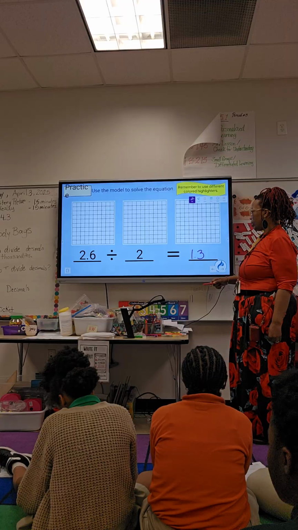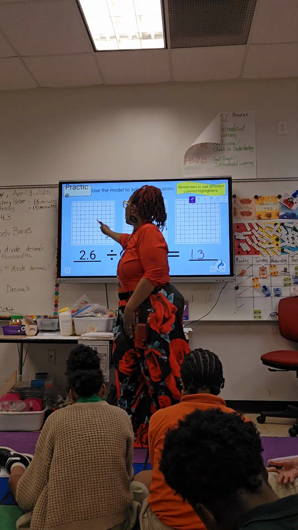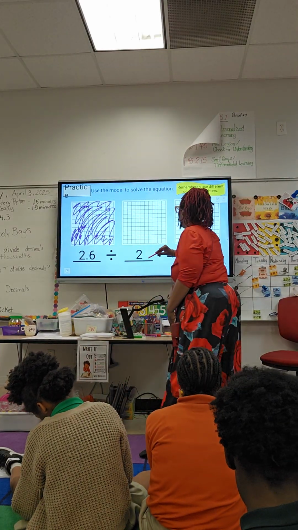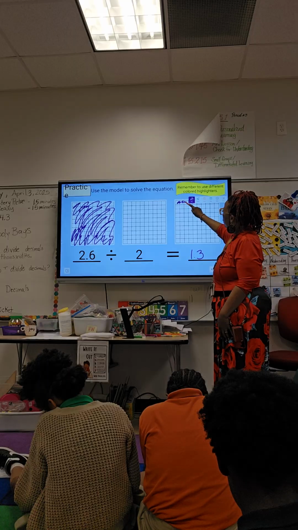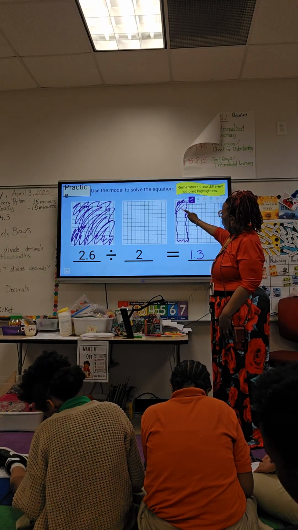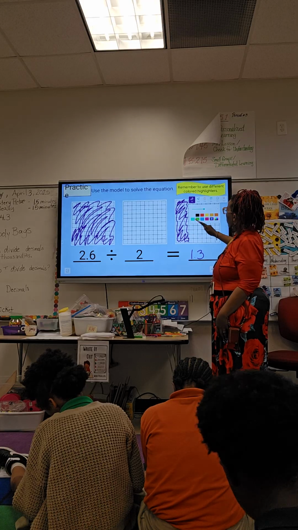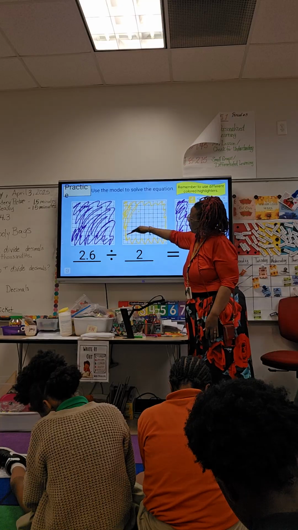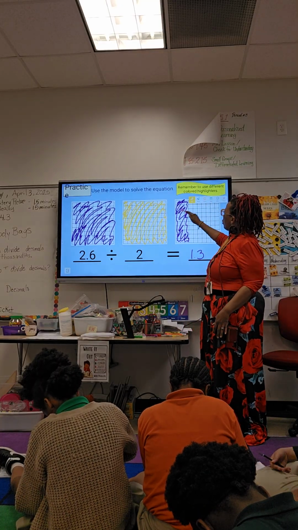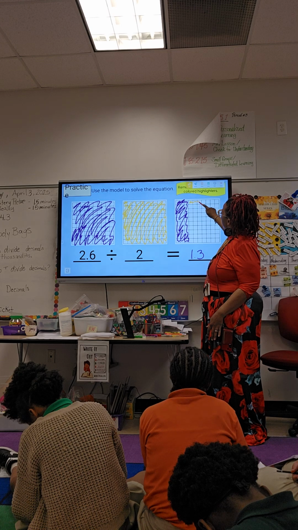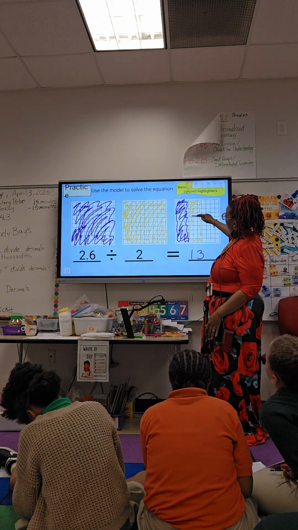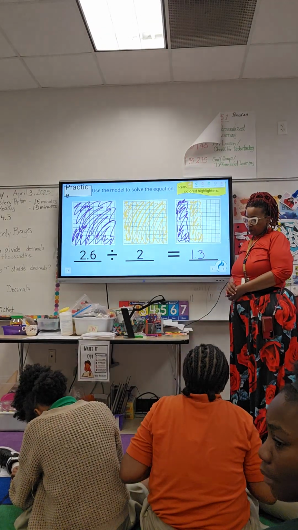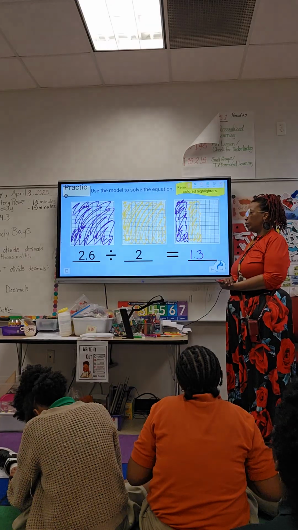So in other words, what that tells me is if I'm dividing this between 2 people, 1 and 3/10 for one person, and 1 and 3/10 for the next person. So it can be a fraction. It can, according to what the question is asking.